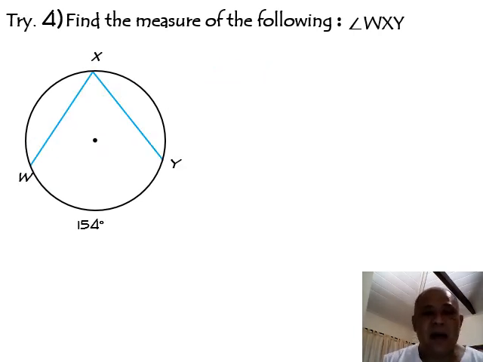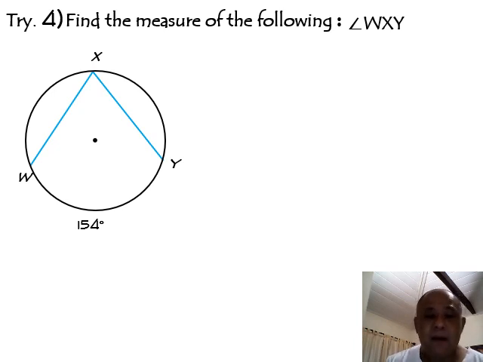Okay, given that, let's try number 4 and find the measure of WXY. Take a look at that figure and find the measure of WXY. I'll give you a second.